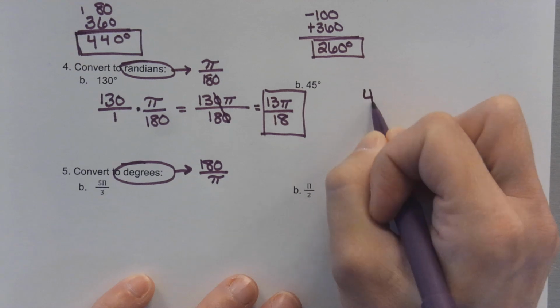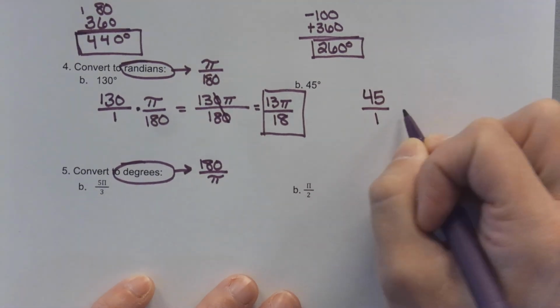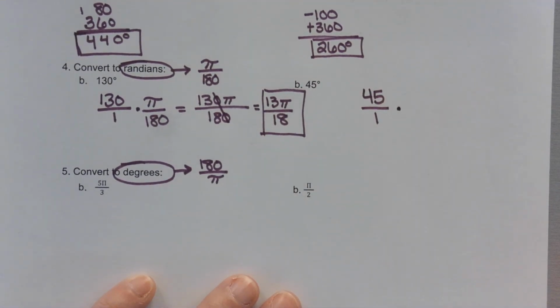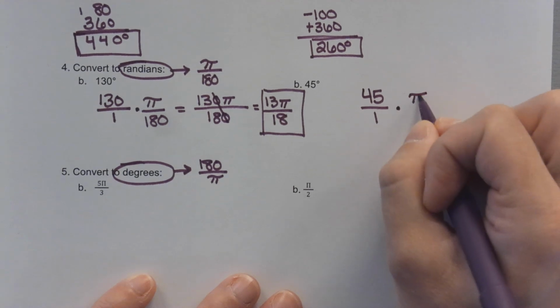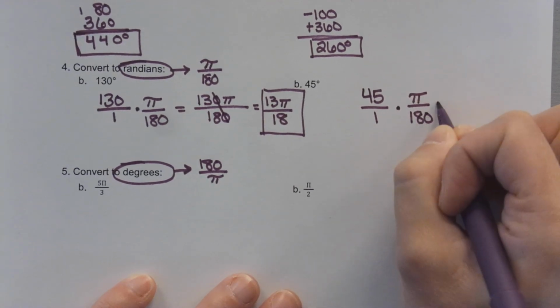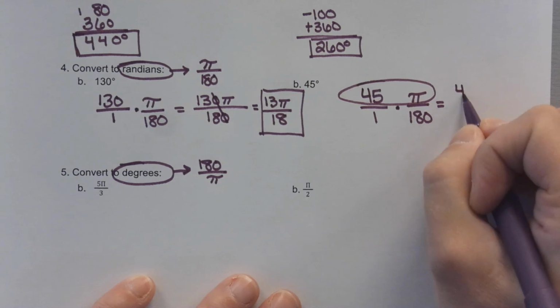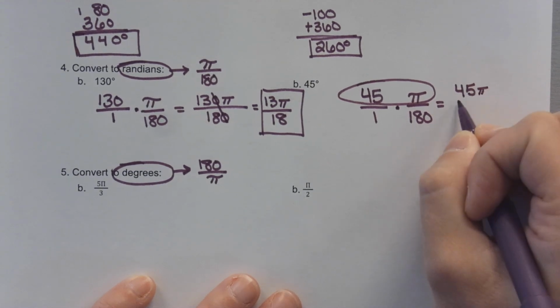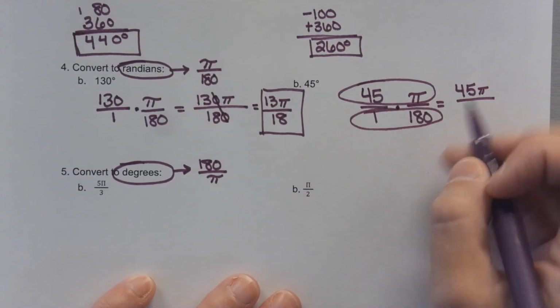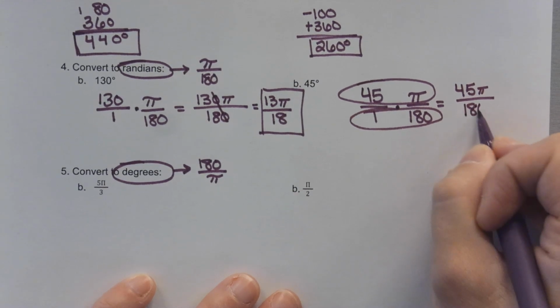All right, next one, 45 degrees. What should I multiply by? Pi over 180. If I multiply the top, 45 times pi is 45 pi. In the denominator, 1 times 180 is 180.